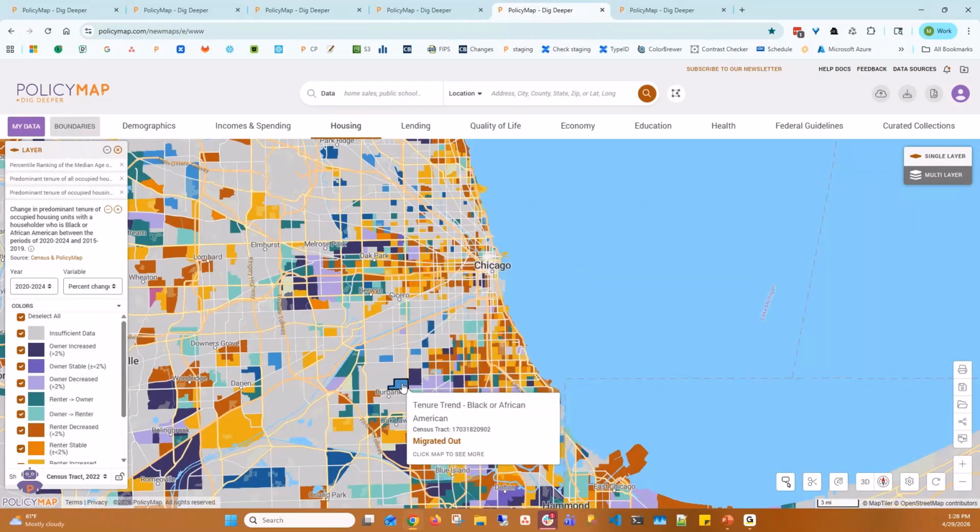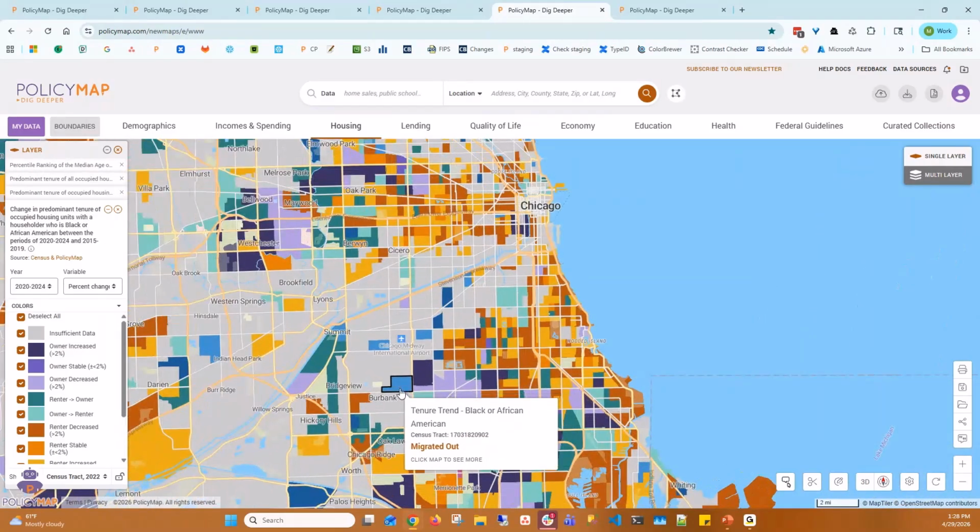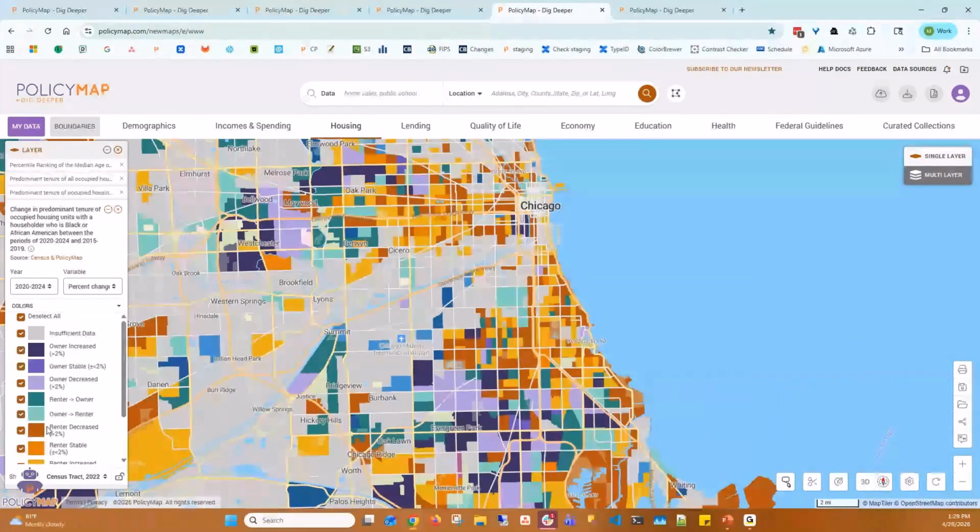Some of the blue can help us understand migration of racial groups and allow us to have a little bit more questions to dig into other reasons. Is part of the reason a shift from owner to renter? Is there an increase in apartment buildings being built? Was there a closing of a business? What is causing the movement of people?